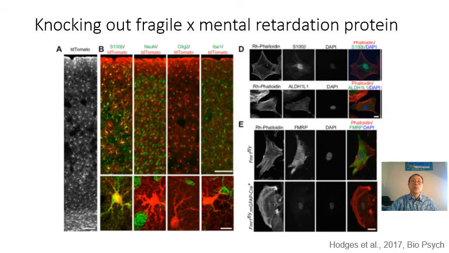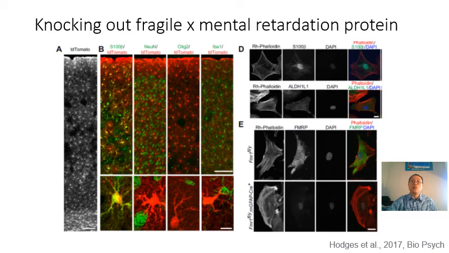Okay, now let's take a look at this group. They were trying to see whether the Fragile X mental retardation protein is more important in neurons or in glial cells. They're looking at a very specific kind of glial cell, the astrocytes.